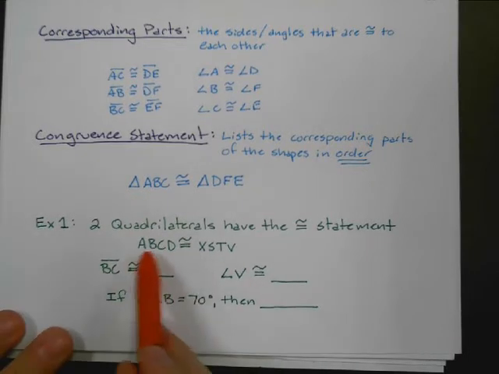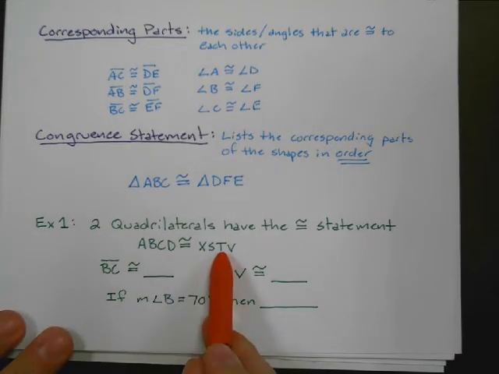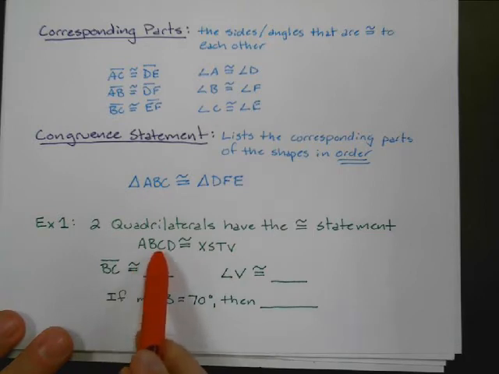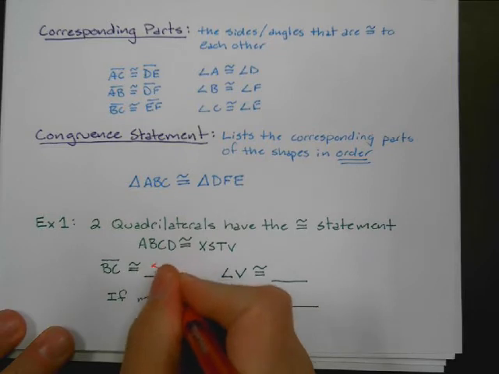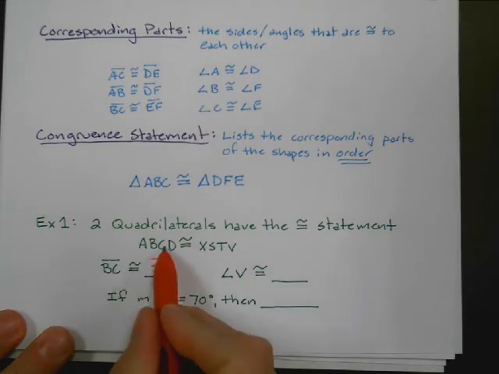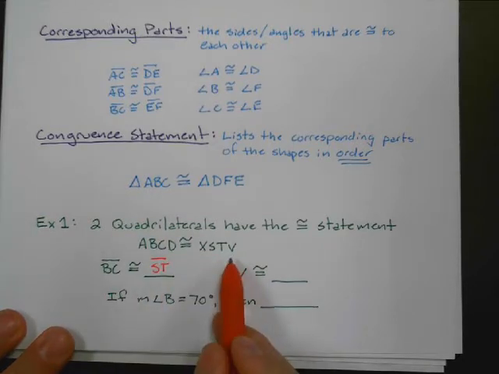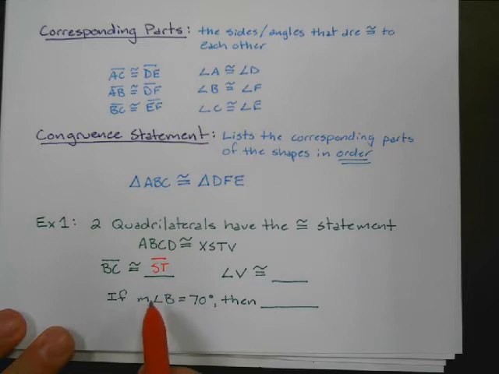So without seeing a picture of this, I now know that BC, second and third letter, has to be the same size as ST. Because we got the second and third letter, so that's the one side of the quadrilateral, it has to match up with the second and third from the second one. So that's what's nice about congruent statements, is when you have them already written out, then you know exactly what is congruent to what without drawing the picture.